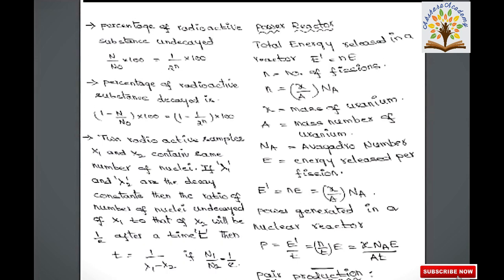Not only this, in general, we can write A by A naught is equal to N by N naught is equal to W by W naught is equal to 1 by 2 to the power of n.